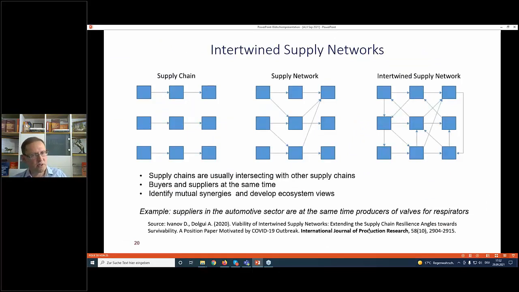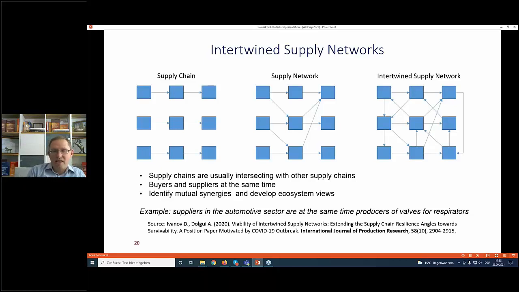Another important issue is intertwined supply networks. As we have seen, resilience of individual supply chains is important. However, supply chains are usually interconnecting and intersect with other supply chains. Like, for example, suppliers in the automotive sectors are at the same time producers of valves for respirators and healthcare.